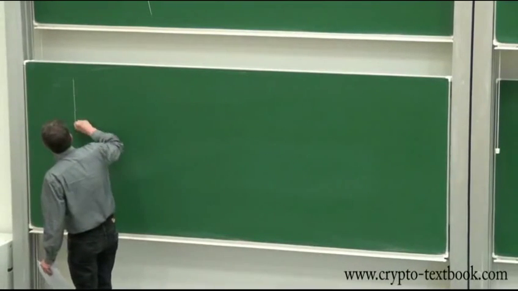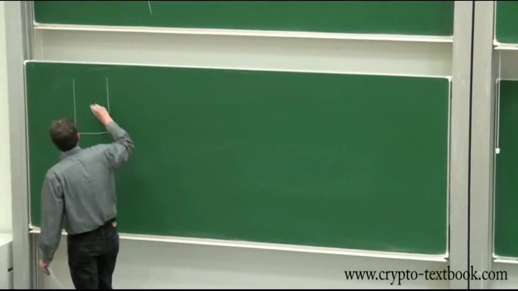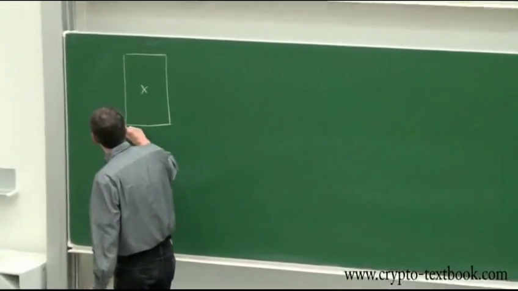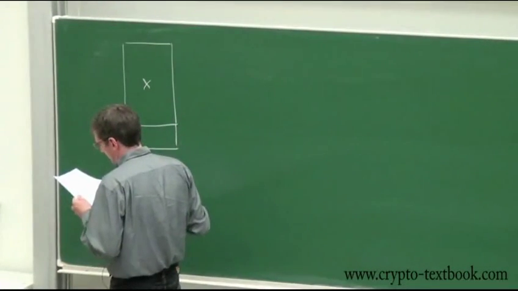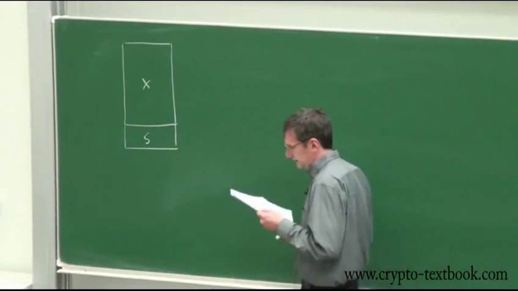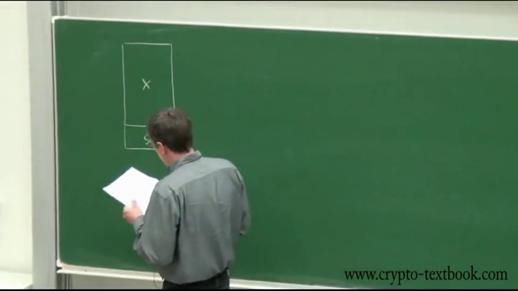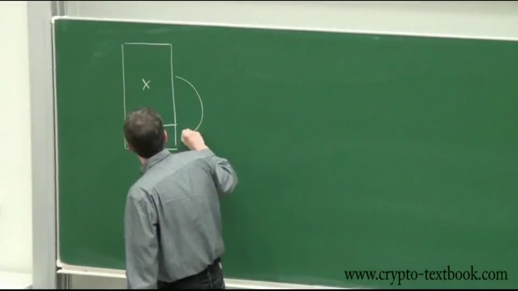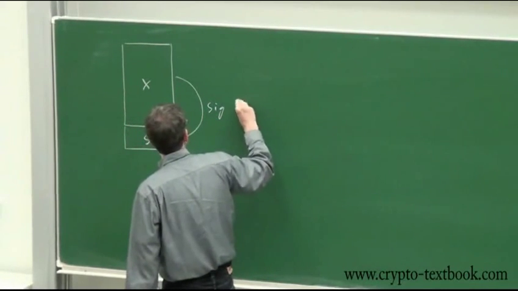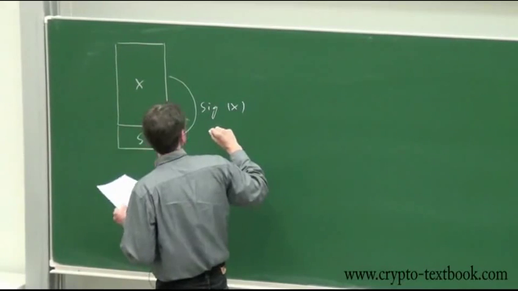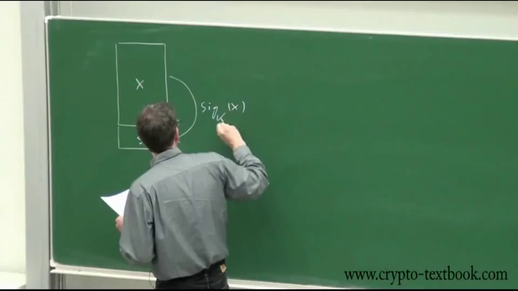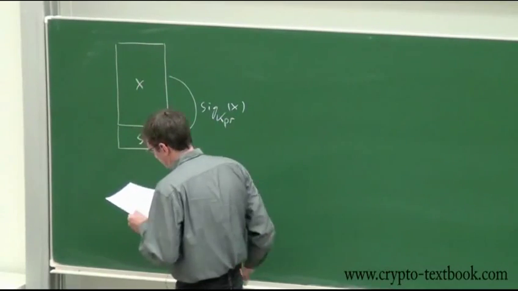This is how I started. I said we have this message X, and we try to compute a digital signature here. We had some signature algorithm with K private.